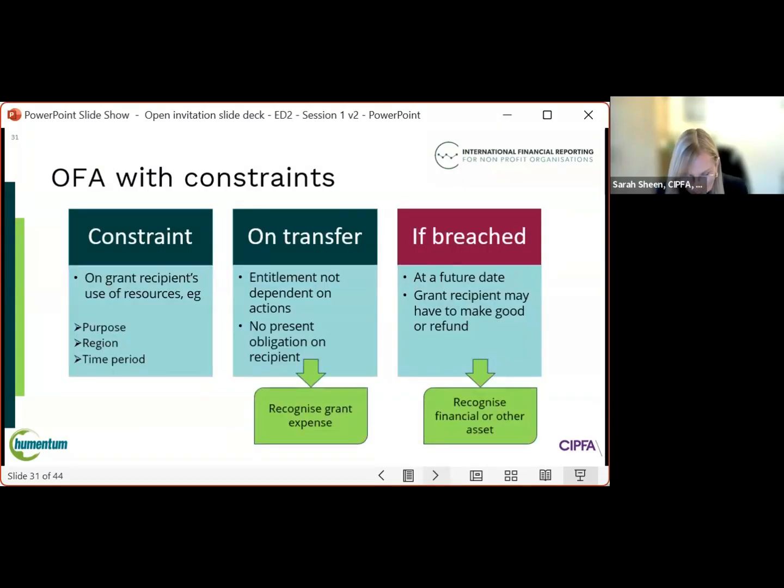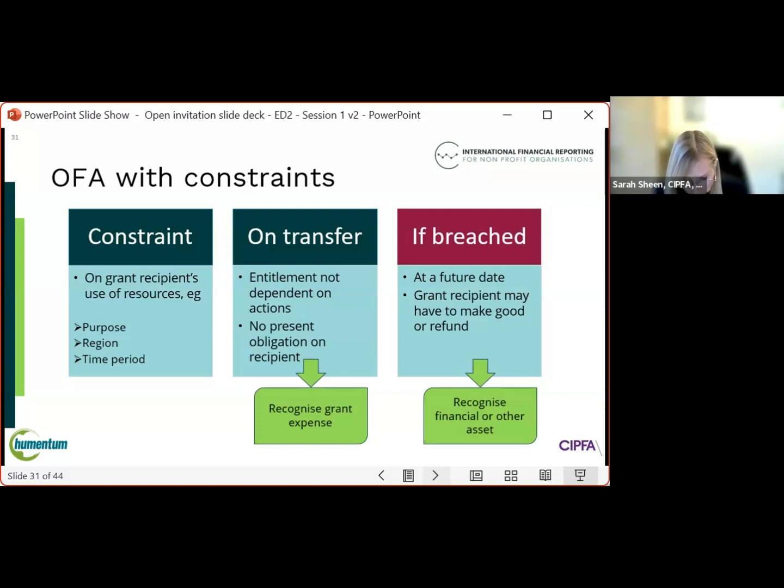So a probably important development from a grant provider's side is the OFAs with constraints. Where there may be constraints on an OFA, such constraints would be about the overall purpose, perhaps, or about a region where resources are applied, or a time period in which the resources should be expended. There's no present obligation in these arrangements, and this does not normally affect the recognition of grant expense.